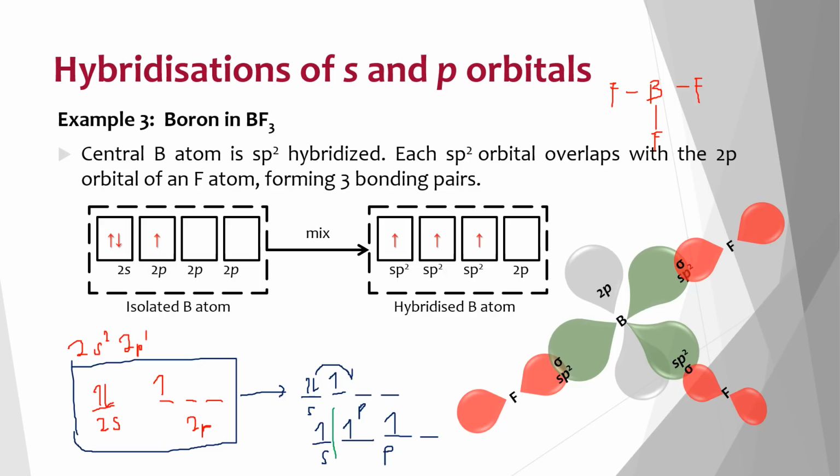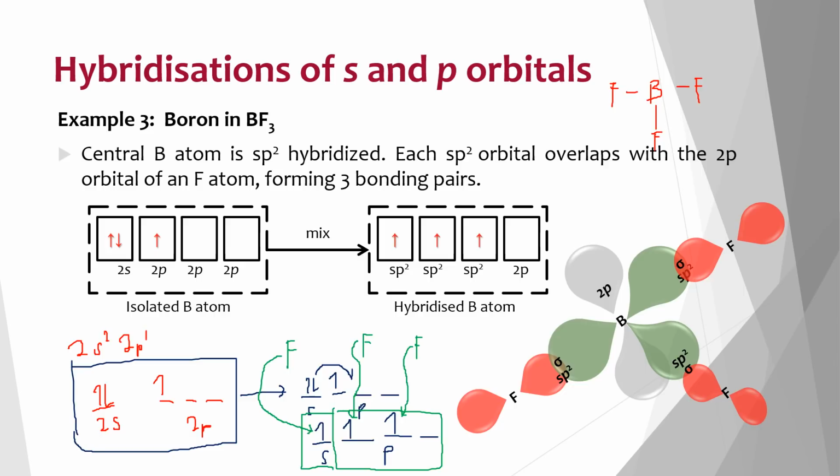Okay, so this is the p orbital and this is the s orbital. So right now, if you try to form a bond with F, it can form 3 bonds with F because it has 3 available single electrons. So one F can form a bond when it shares its electron at the p orbital, and another F can form a bond when it shares its electron at the p orbital too, and another fluorine can form a bond with boron when it shares its electron at the s orbital.